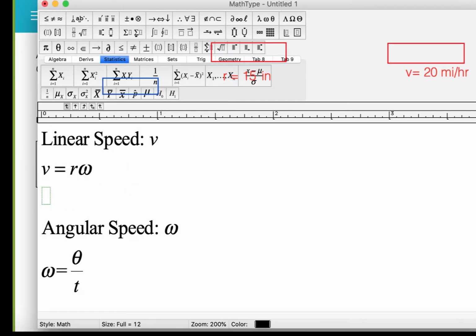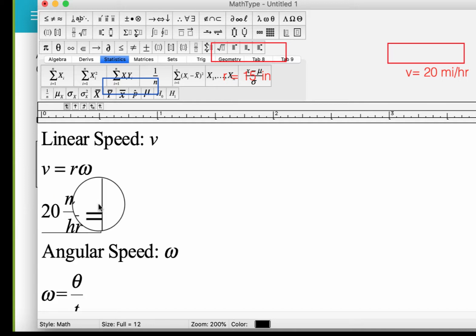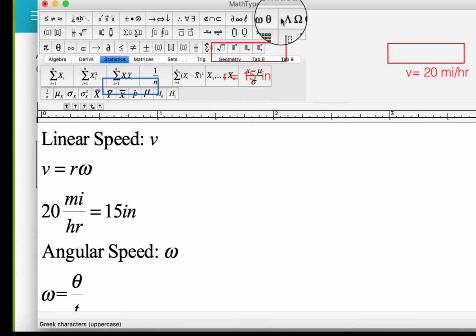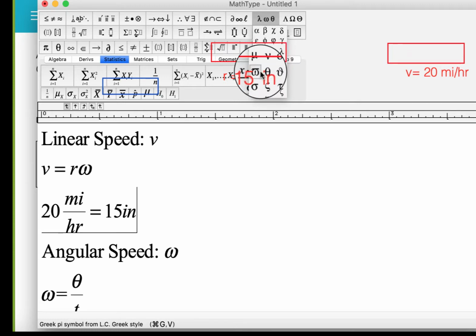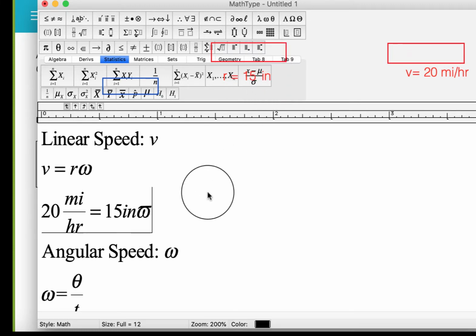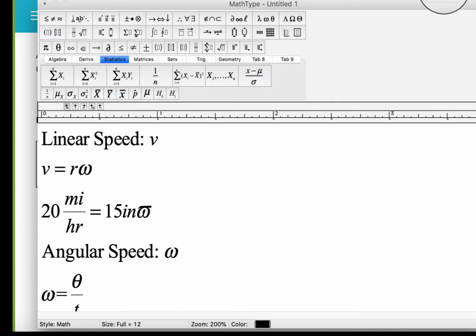So v was 20 miles per hour, r was 15 inches, and omega is what we don't know. We don't know the angular speed. So now we can solve for omega.